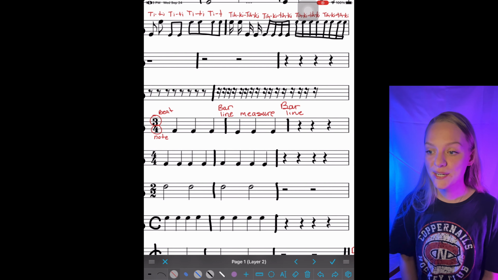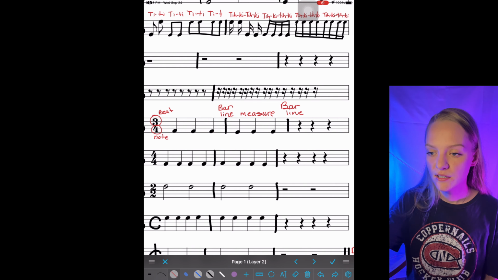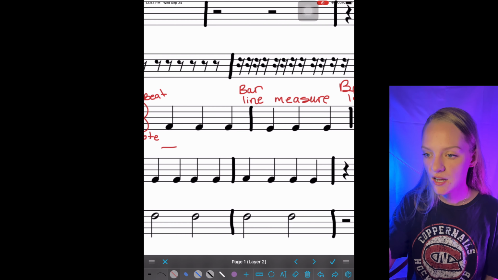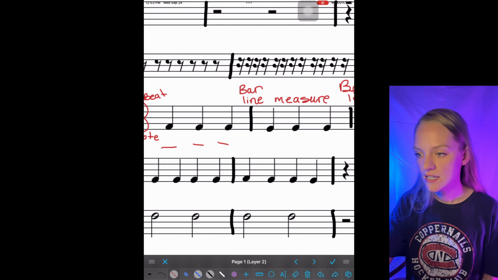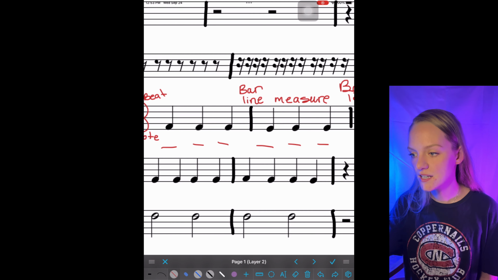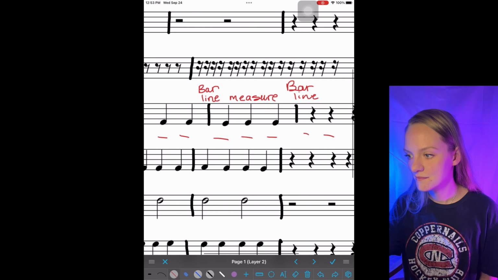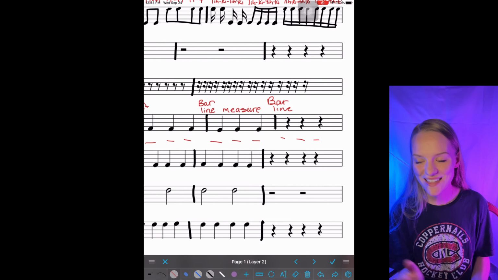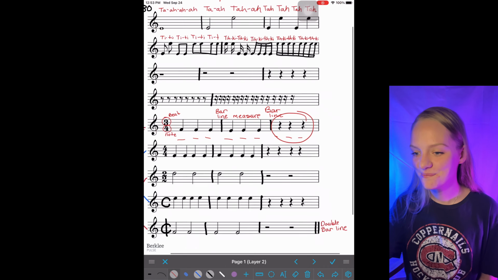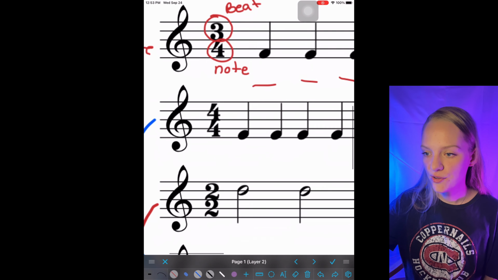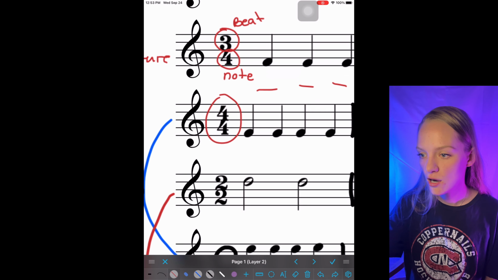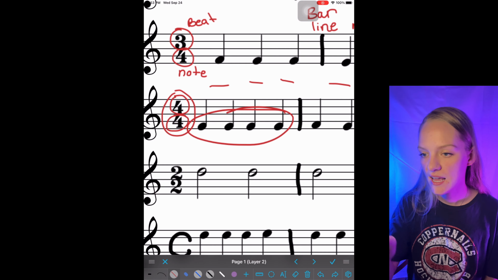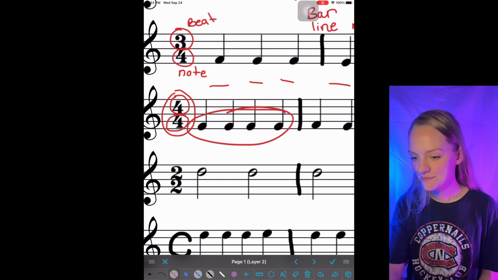So this is how I would count out these measures in 3/4 time. Ta, ta, ta, ta, ta, ta. Right? I was silent for those 3 beats of rest. Okay? You also have 4/4 time, where there are 4 quarter notes per measure, and the quarter note gets the beat, right?